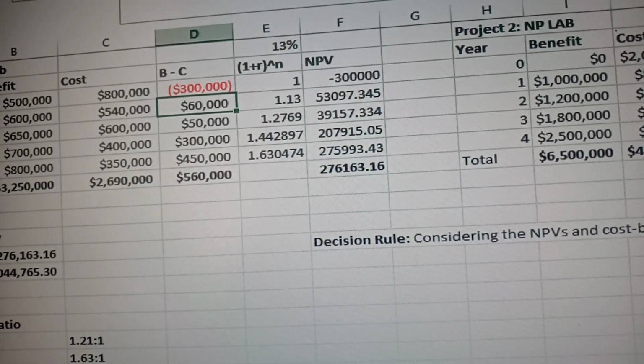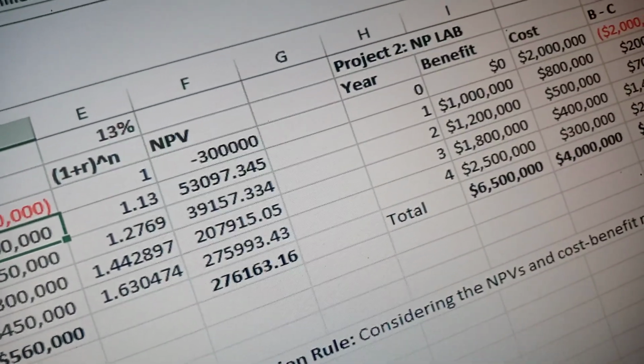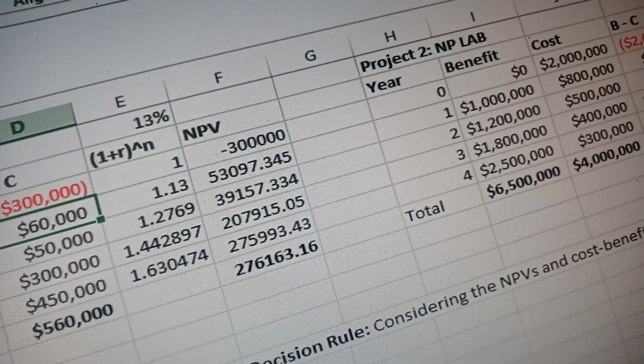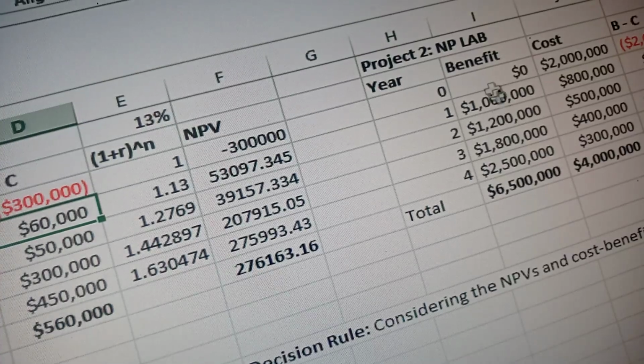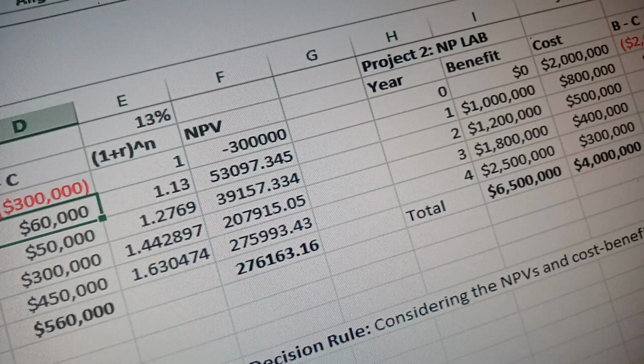Project 2 is on the other side. So this is project 2. The same way we did with project 1, you enter all the benefits, enter all the costs, and B minus C, you do the same thing. Now, project 2 seems very frightening. Why am I saying this?